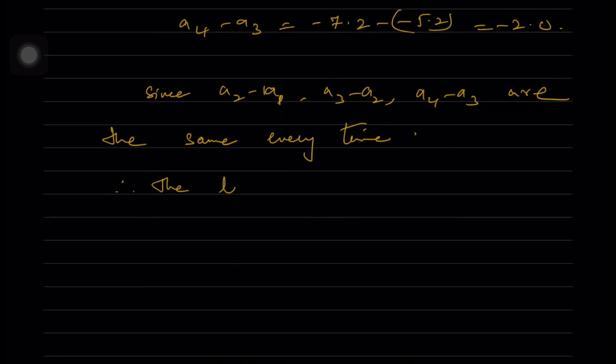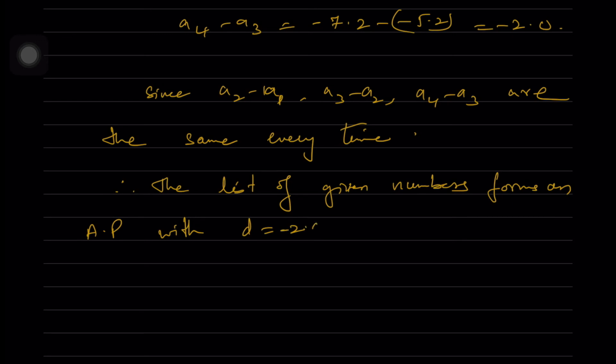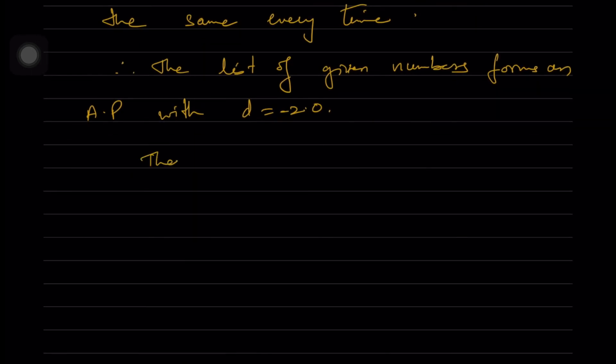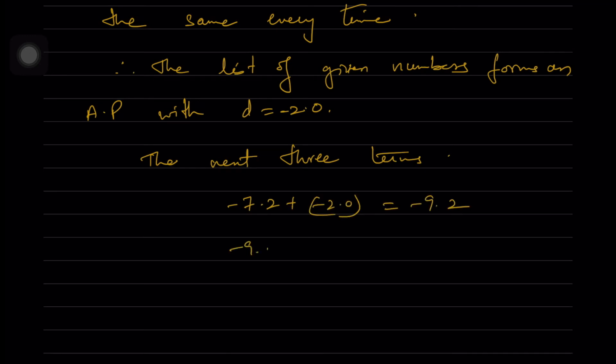So therefore the list of given numbers forms an AP with common difference equal to minus 2, and the next three terms are minus 7.2 plus minus 2.0, which is equal to minus 9.2.